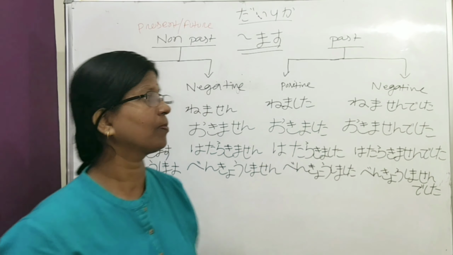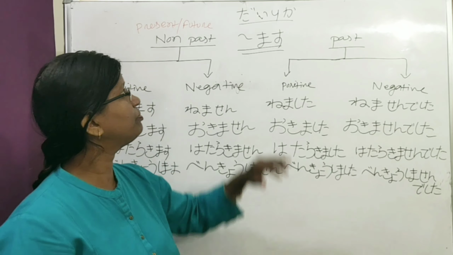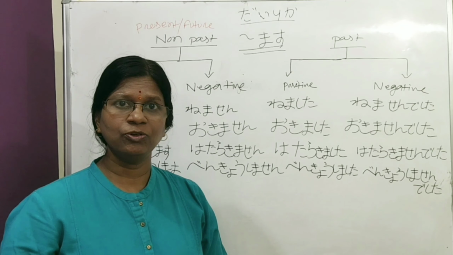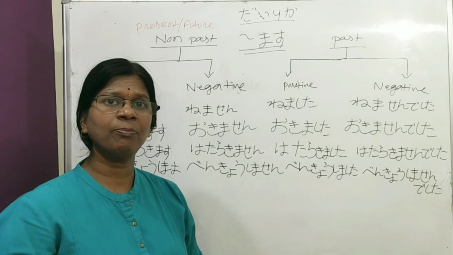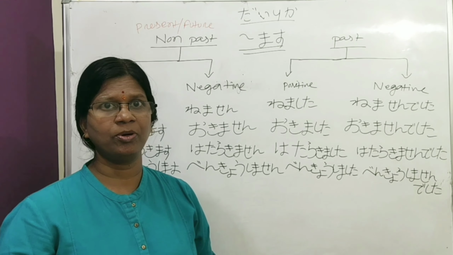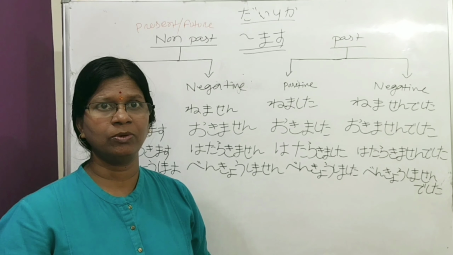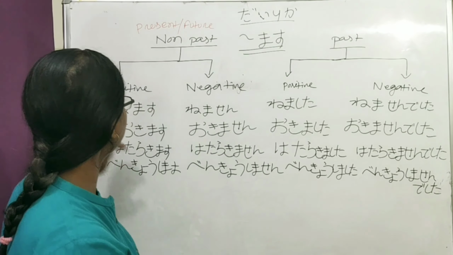Okay, my dear friend, if you start to learn the Japanese language from the masu form, it will be very easy to learn other forms of the language like te form, ta form, jisho form. We will learn them later on. Let's see.